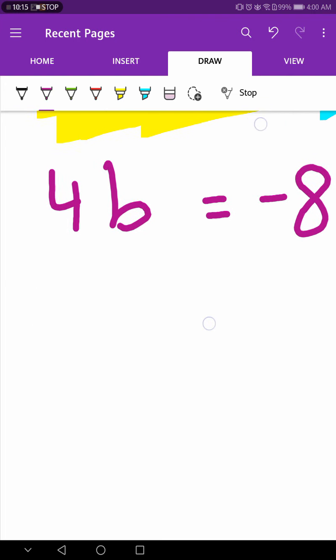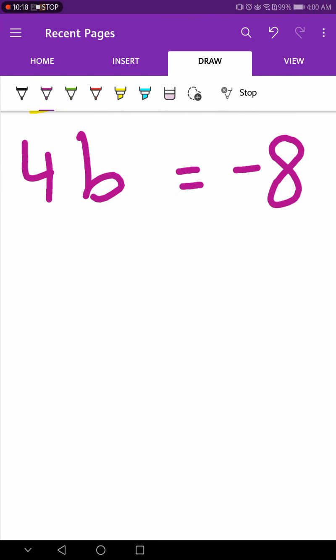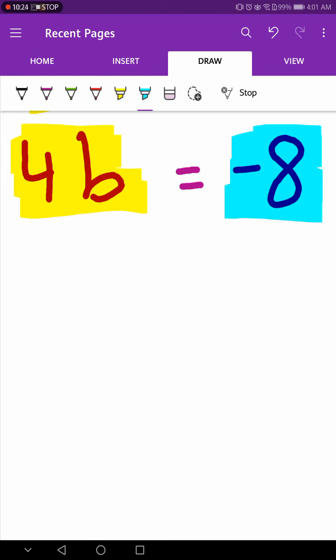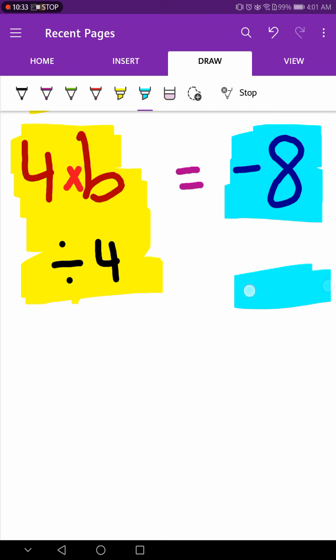Now I have a new equation, left again and right again, and we have here multiply. What is the opposite of multiply? It is divide by 4, divide by 4.